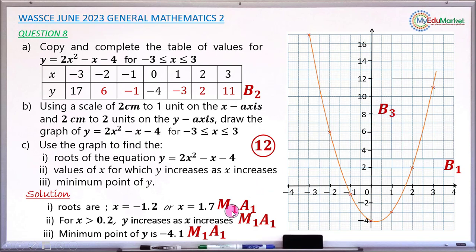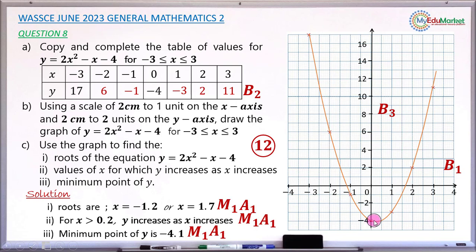So the next mark is the method 1 mark in an attempt to find the roots of that very equation. The values that you have written must be read from the graph. So reading it, you have this method 1 mark. And when you have the values all correct, x = -1.2 and x = 1.7 accurately, you have this A1 mark. So the next mark is another method 1 mark for just reading from the graph where the curve turns in an attempt to get the range of x values for which y increases as x increases.